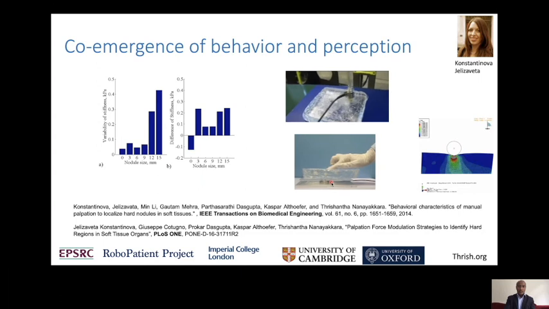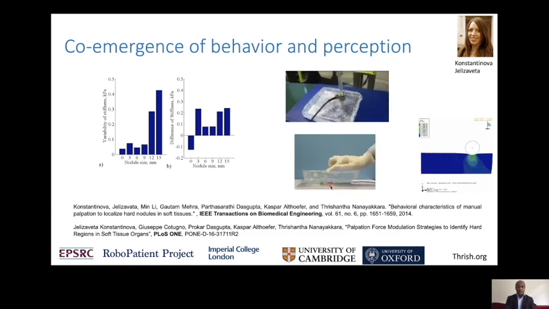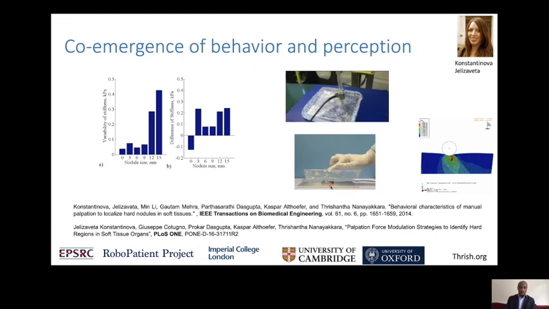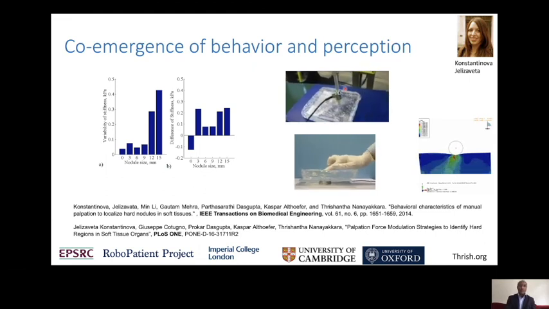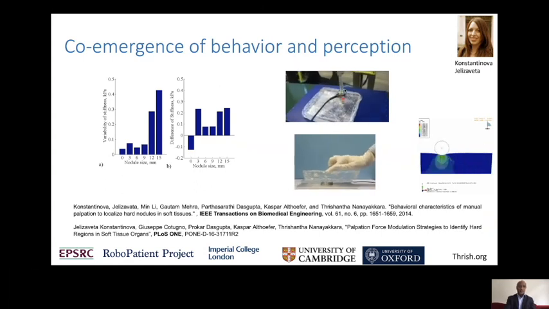We saw that this is a sinusoidal lateral force with 20 hertz, and a second order autoregressive normal force. Once we know these models, we can export them to a robotic finger and implement that to see what they feel, right? So we feel what they feel through a robotic finger.